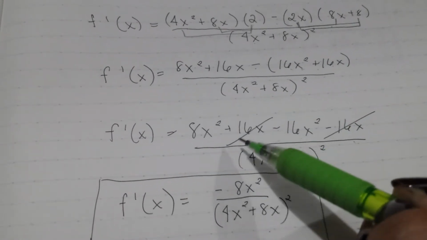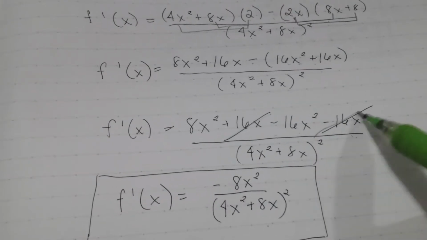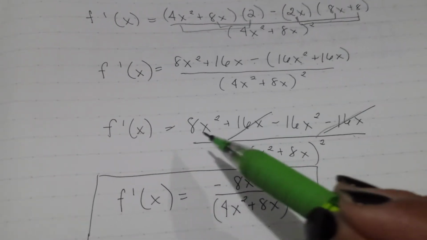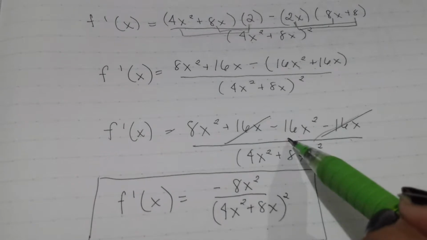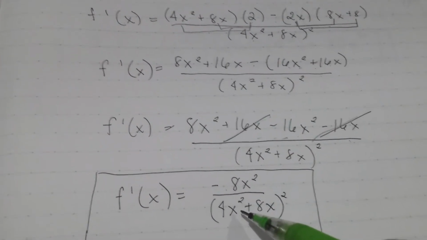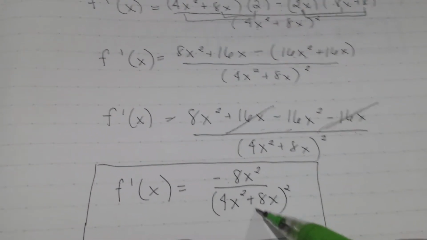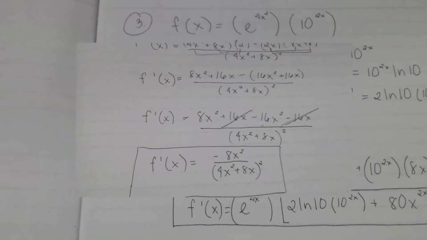So we will just cancel positive 16x and then negative 16x. So we'll have 8x squared minus 16x squared is equal to negative 8x squared. Then copy the denominator which is (4x squared plus 8x) raised to 2.